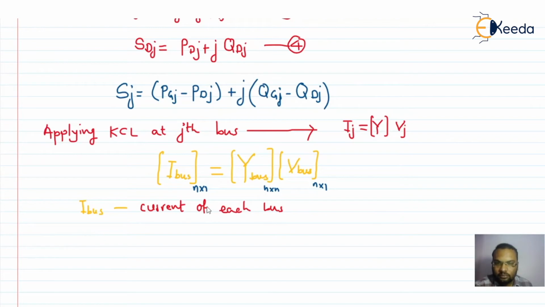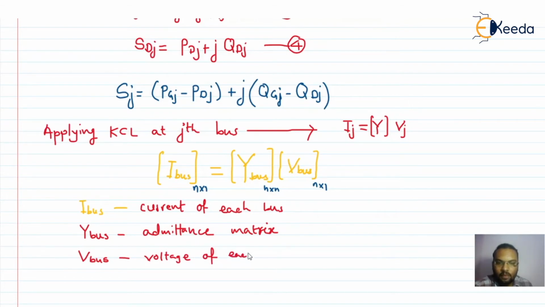This Y bus is nothing but the admittance matrix, and V bus is nothing but the voltage of each bus.